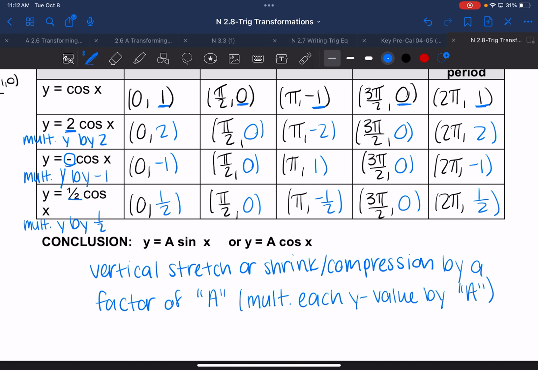All right? Okay. So if you've got something in front of your function, whether it's a number, a negative, or maybe it's a negative number, you multiply all of your y values by that number.